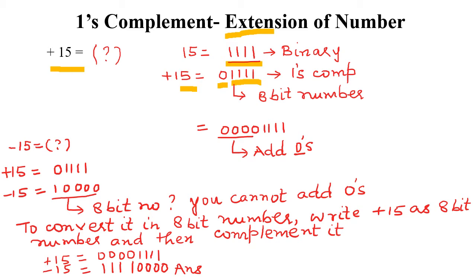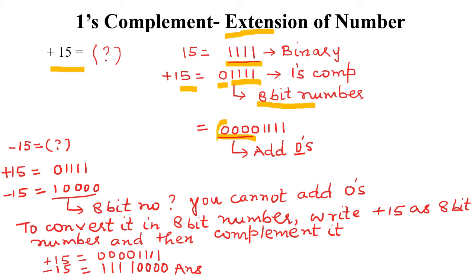Now अब मुझे अगर इस नंबर को एक 8 बिट नंबर में कन्वर्ट करना है, क्योंकि माइक्रो प्रोसेसर 8 बिट या 16 बिट या 32 बिट नंबर को एक साथ पैरेलल में प्रोसेस करता है। सो जो हमारा नंबर होना चाहिए वो 8 बिट 16 बिट इसी फॉर्म में होना चाहिए, क्योंकि रजिस्टर्स भी हमारे करस्पॉन्डिंगली 8 बिट के या 16 बिट के हैं, या अगर माइक्रो प्रोसेसर 64 बिट का है तो 64 बिट एक साथ पैरेलल में प्रोसेस करेगा। To convert plus 15 as an 8-bit number, I can add zeros in front of plus 15.